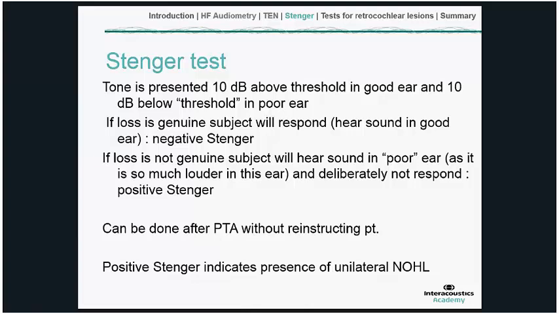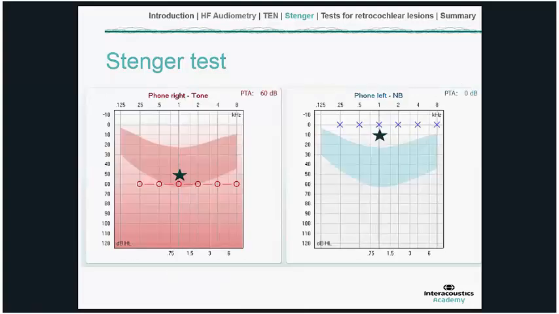So I will just elaborate by returning to our audiogram, just to unpack some of those bullet points. Here we have the first of those two scenarios. This is the same audiogram as we had before, but this time it's genuine. So we have a genuine flat loss at 60 dB HL in the right ear, and we don't know at this point that it's genuine.